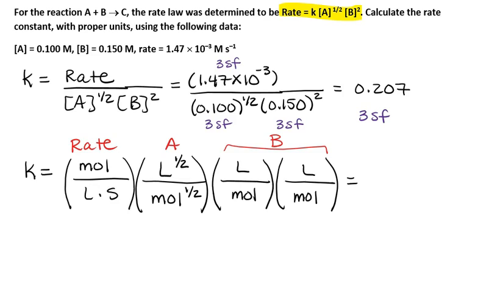If it's a 1/2, then I will actually incorporate the fractional coefficient. Next step is we're going to cancel what will clearly cancel. And what I mean by that is moles will cancel moles and liters will cancel liters. So I do that type of cancellation for as many terms as I can.